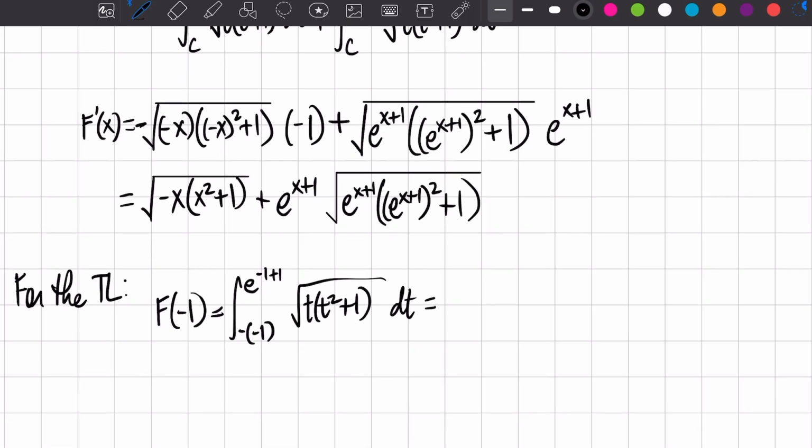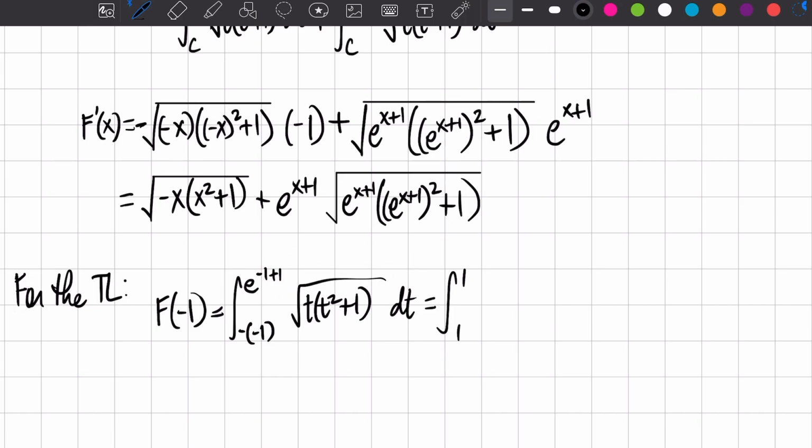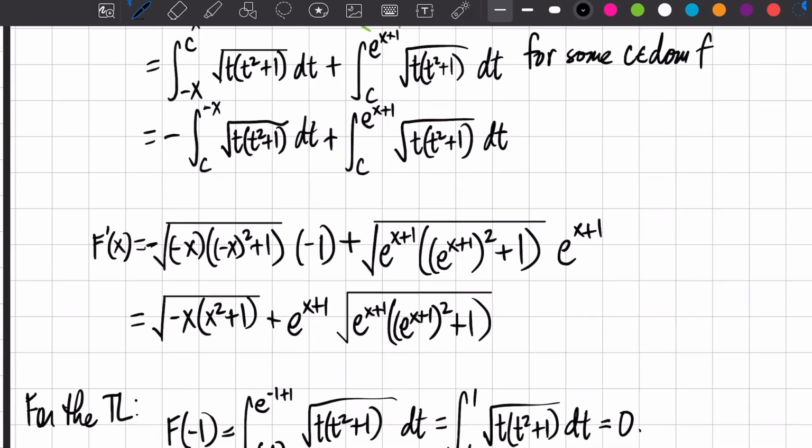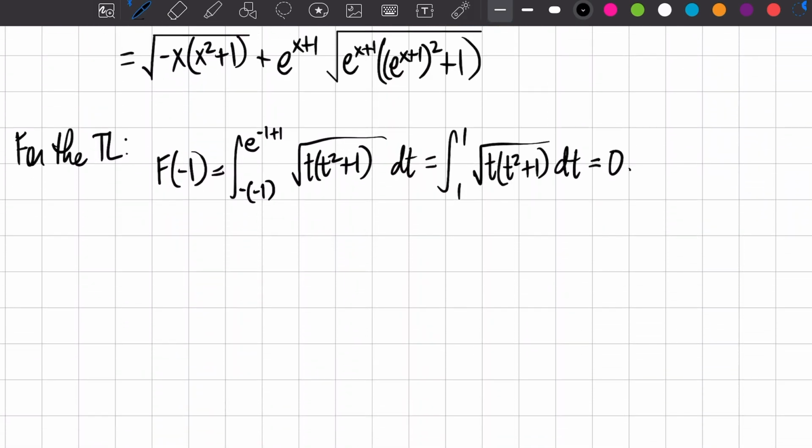But the one below, negative of negative 1, is just a positive 1, while here, what we have is e raised to 0, which is equal to 1. So we have the integral from 1 to 1 of the square root of t times t squared plus 1 dt. And since the bounds are the same, automatically this integral will just be 0. So f of negative 1 equals 0. Next, what we need is your f prime of negative 1.